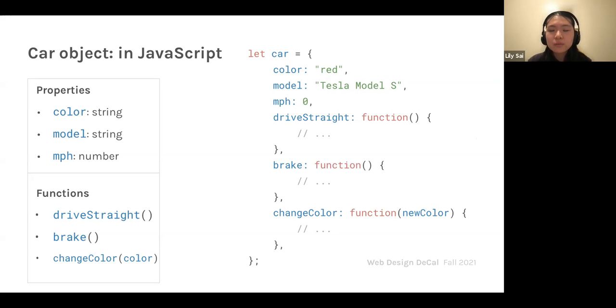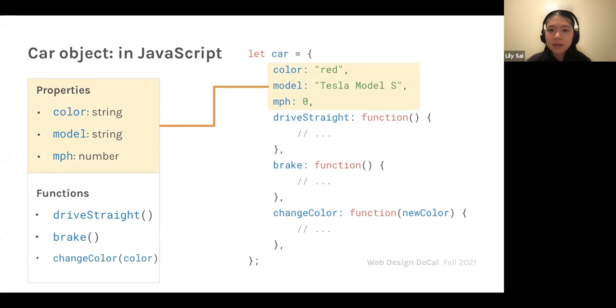And then within those curly braces, we have the property or function name, and then the colon, and then the value of that. So you can see that we have the properties in the first three. So we have color: red. So we're saying this car that we're defining in particular is red.